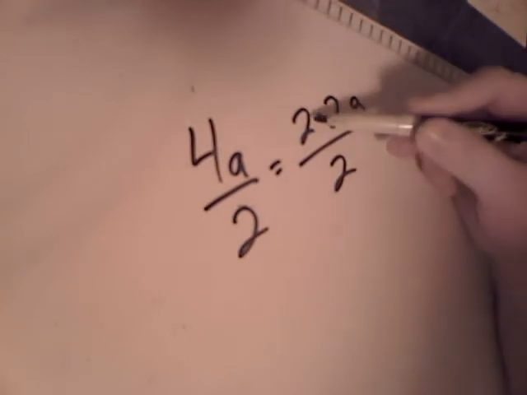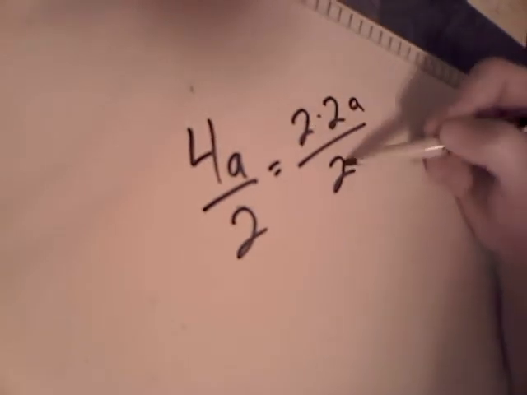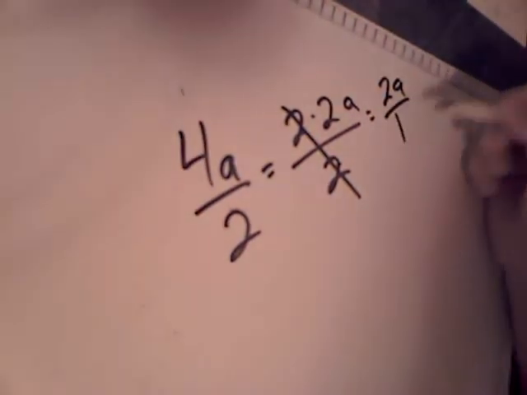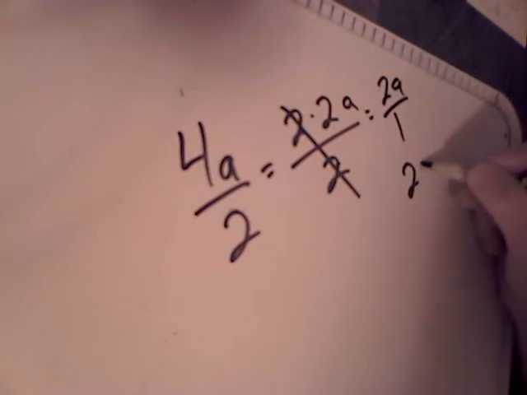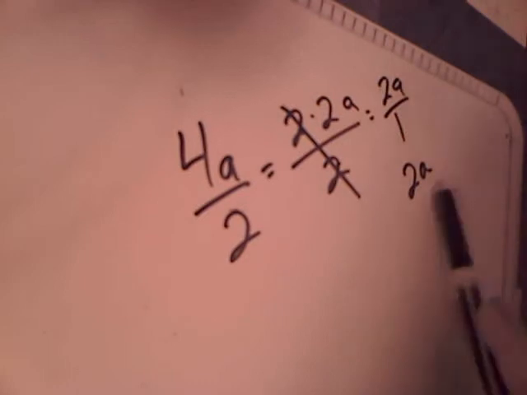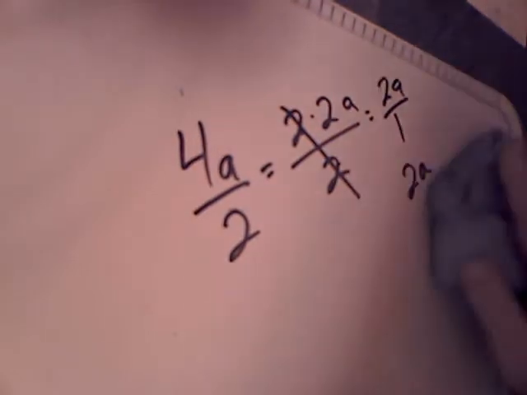And you see that because there's a 2 here and a 2 here, these cancel out. This becomes 2a over 1, or just 2a. And there's nothing else that you can do because you don't know what that a stands for.